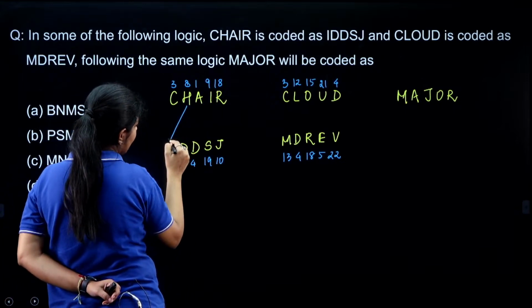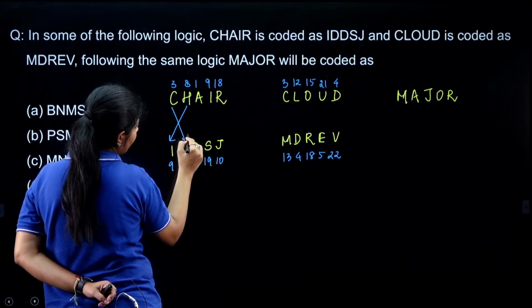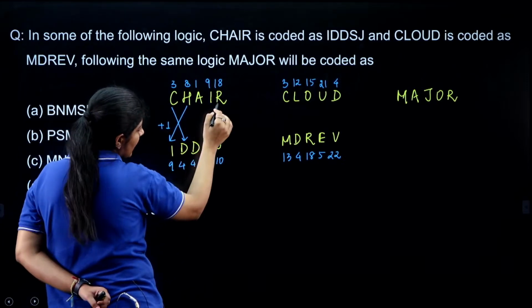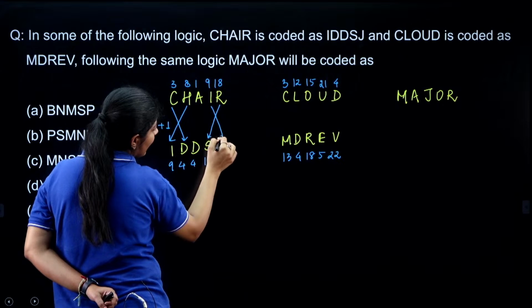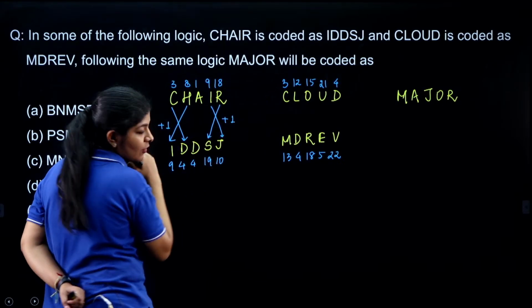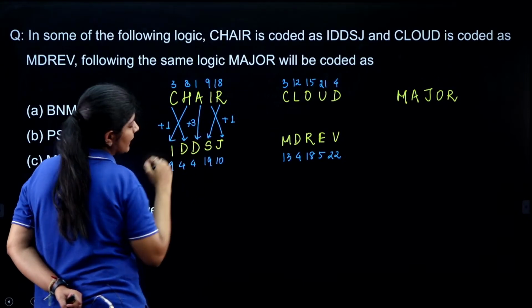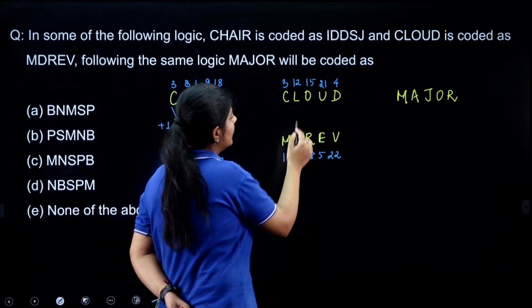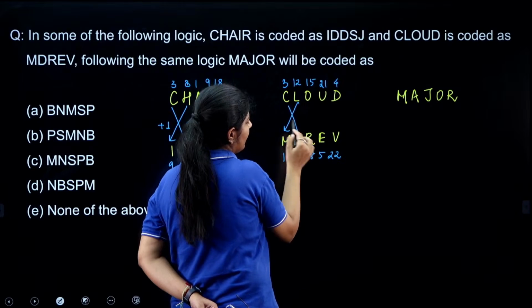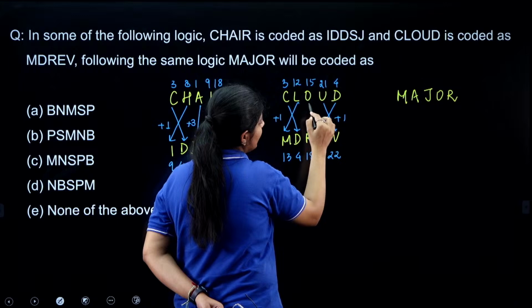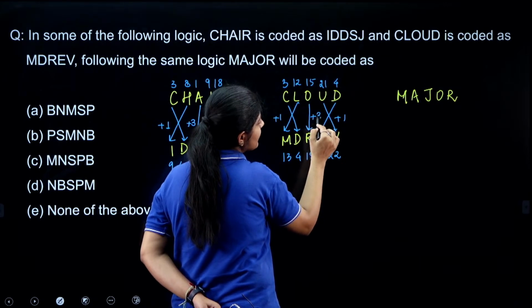But if we see here, we have a difference of +1 in the cross pattern, right? Here also we have a difference of +1 in the cross pattern, and here we have a difference of +3, right? +1, +1, +1, +1, and here we have +3.